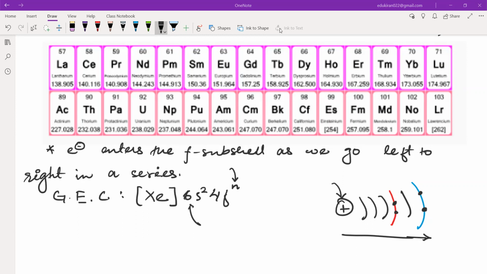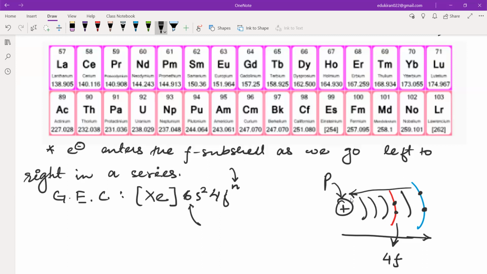Now, when we increase the number of electrons in the f subshell, we also increase the number of protons. These protons can attract the outermost electron more effectively, because the 4f subshell is very diffused and has a very low screening effect. The added electrons will not play a major role; rather, the added protons attract the outermost shell.